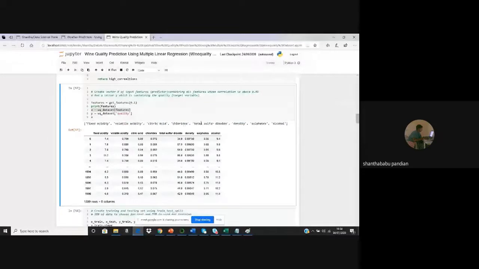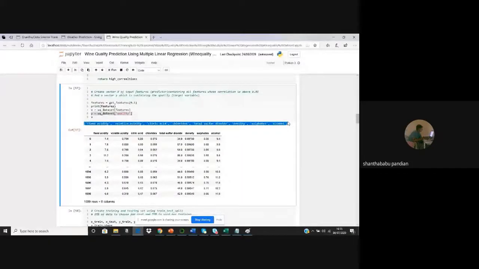Out of 12, one is the target, so that leaves 11, and of the 11 I'm selecting only 8, because the rest are not required for my analysis. All these features are my independent variables to predict the quality.